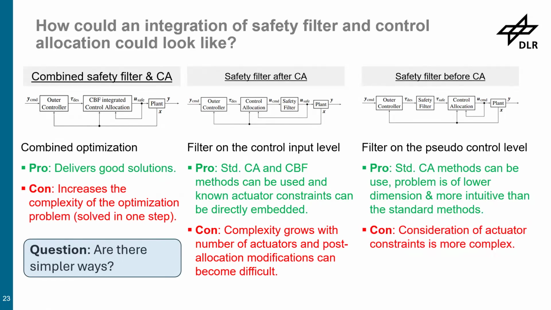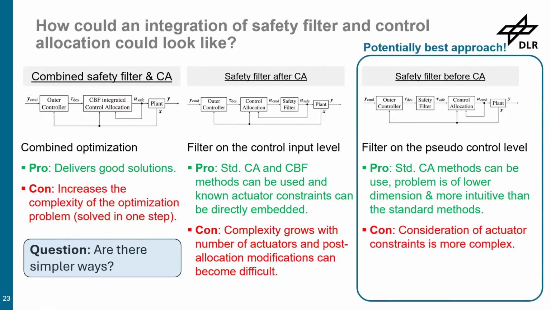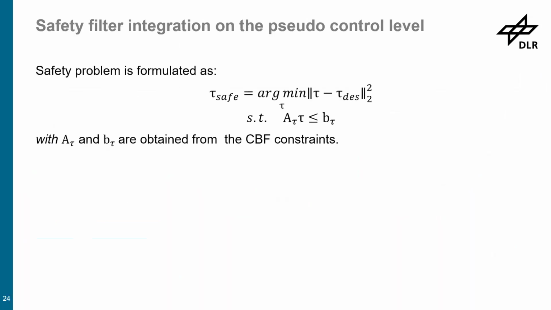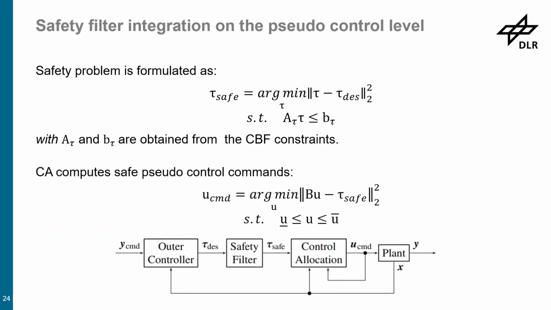But you have the problem that you have to abstract your input constraints into this level, which is fine, it works, but it has to be addressed somehow. Still, we thought, okay, maybe this is potentially the best approach. And therefore we implemented a safety filter on this pseudo control level, and then afterwards used the QP to do the control allocation.